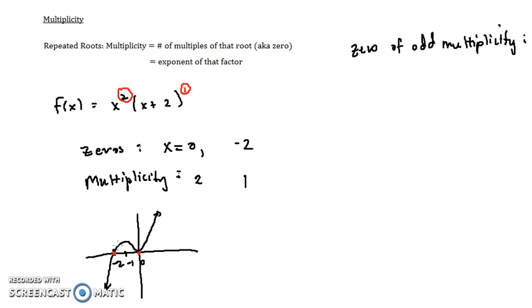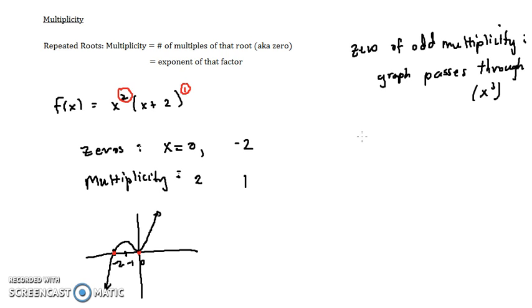So if you've got odd multiplicity, it's going to look like an odd power function when you get really, really close to that zero, which means that the graph is going to pass through. So when you have a zero of odd multiplicity, the graph passes through. Okay, so you can think of that like x or x cubed. The graph passes through.